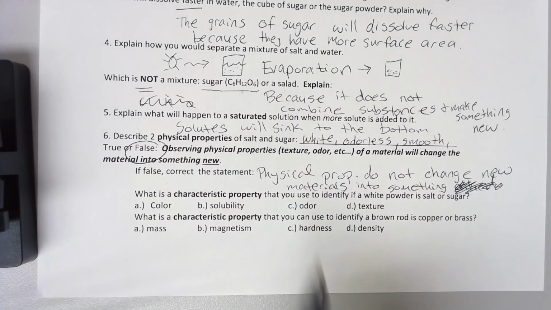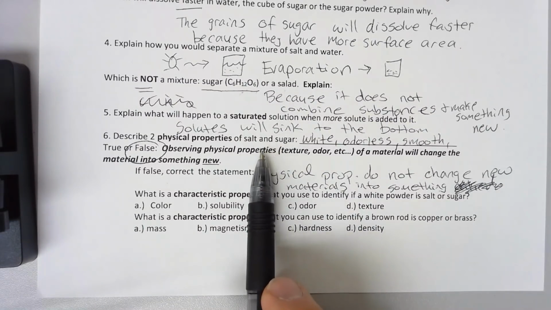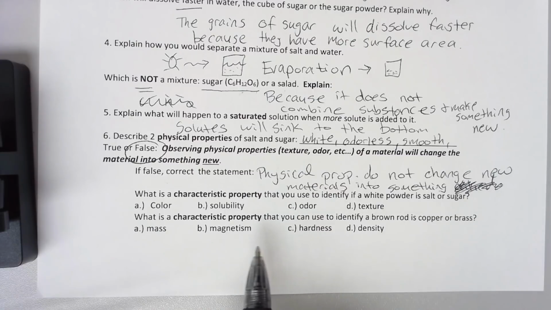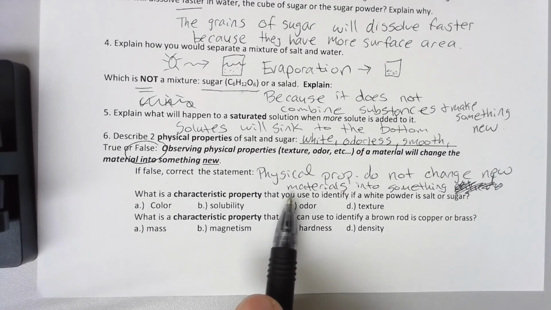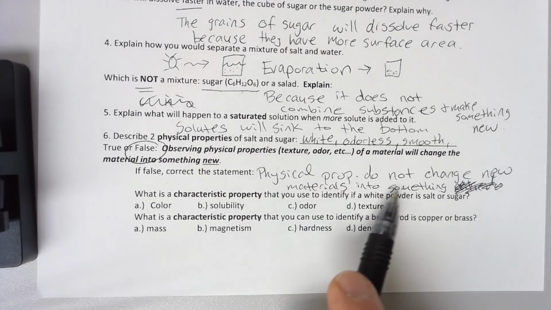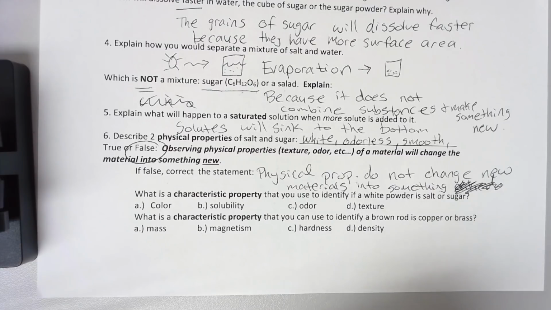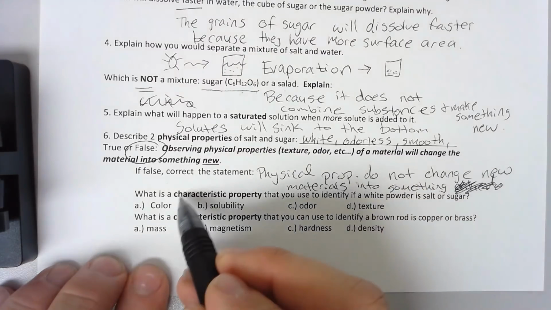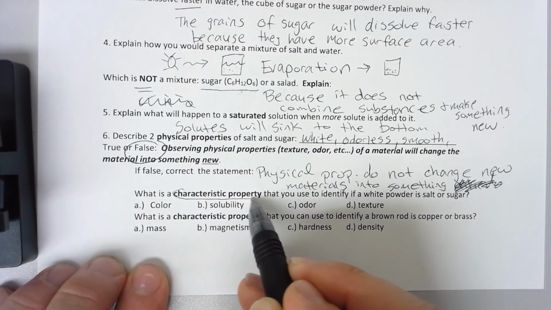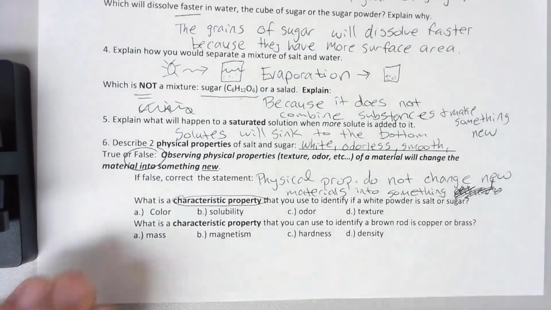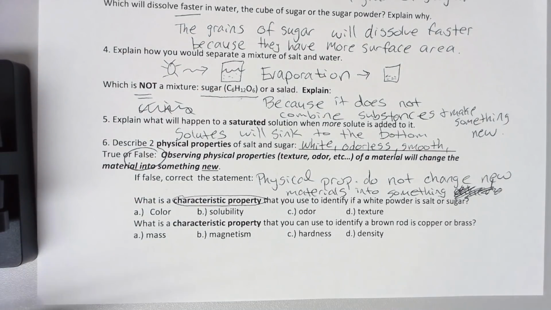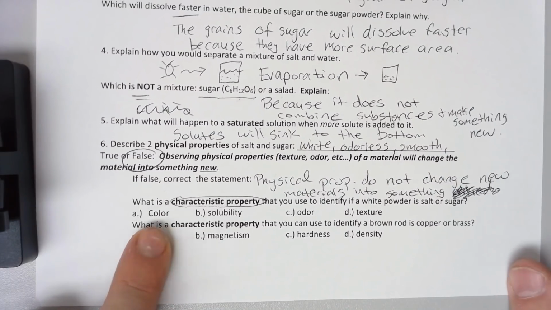So, what is a characteristic property that you can use to identify if a white powder is salt or sugar? So you need to know that a characteristic property helps us identify a substance that we don't know what it is. Okay? So if I have a white powder, am I going to be able to tell if that's sugar or salt?